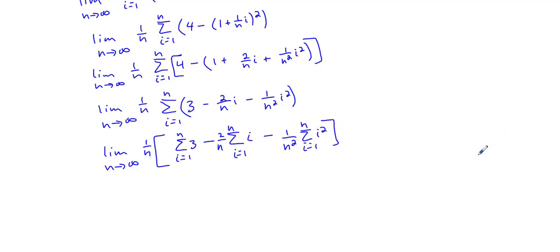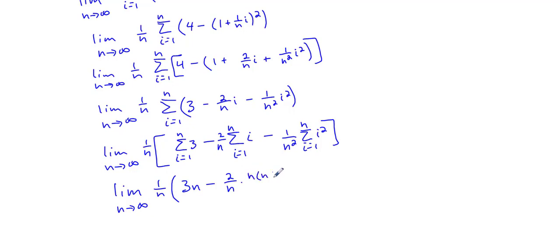Now we're at a point where we can make our substitutions and get rid of those sigmas. Limit as n goes to infinity, 1 over n. The sum from i equals 1 to n of 3 is 3n. Minus 2 over n times, well, what was the sum of i? Is that n times n plus 1 over 2?